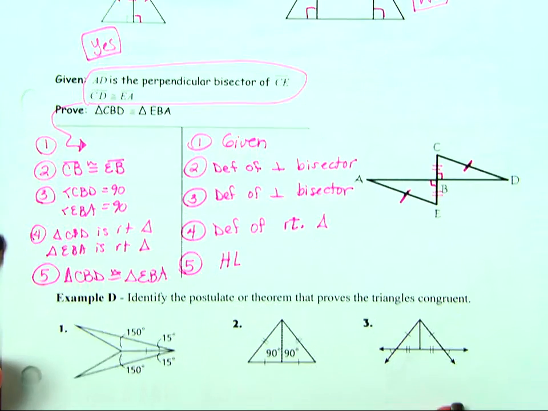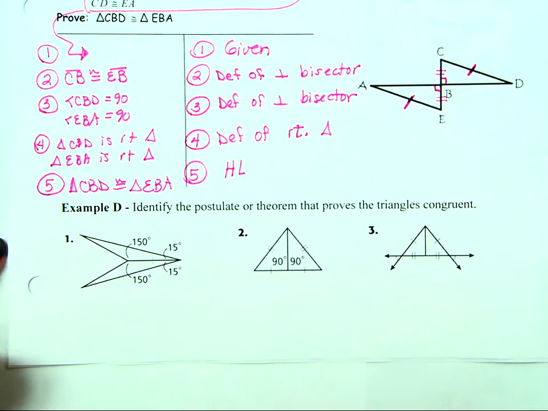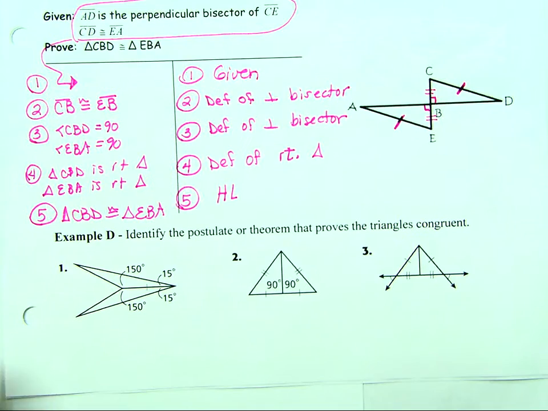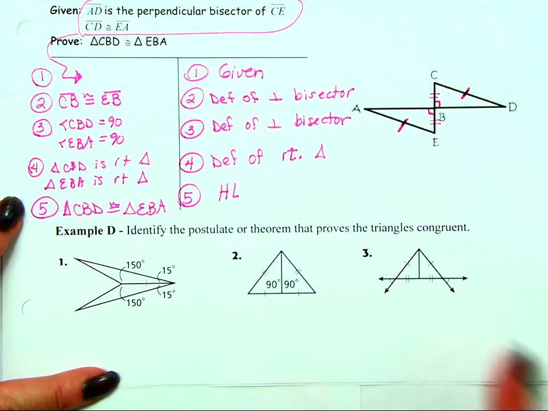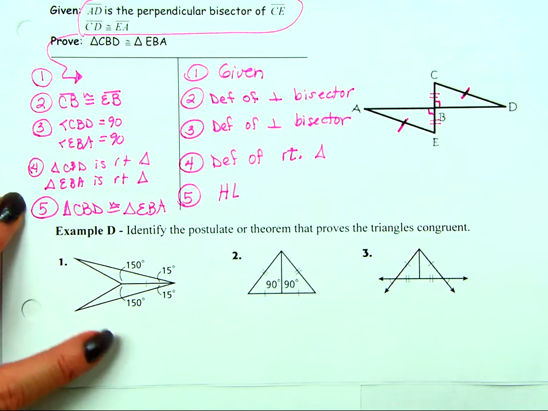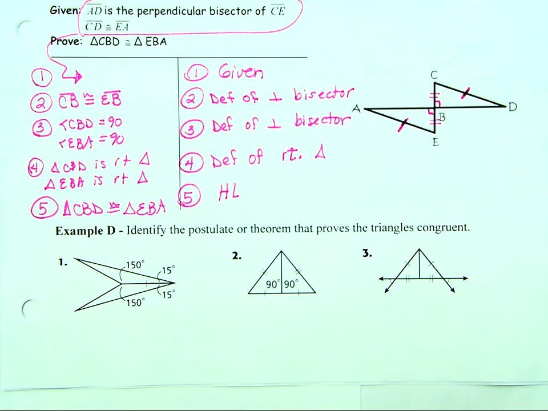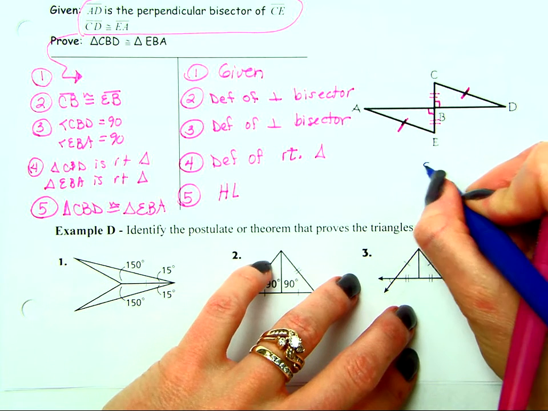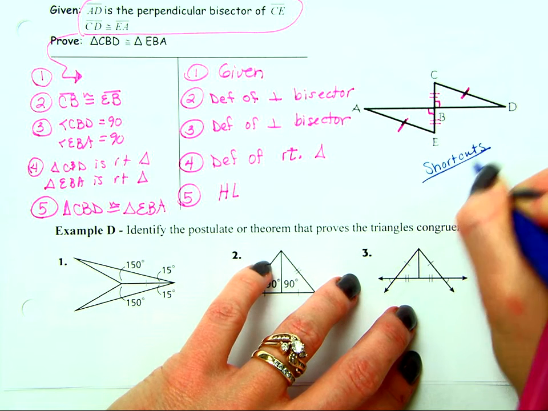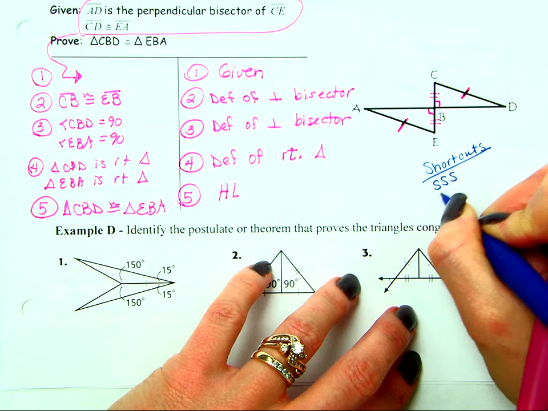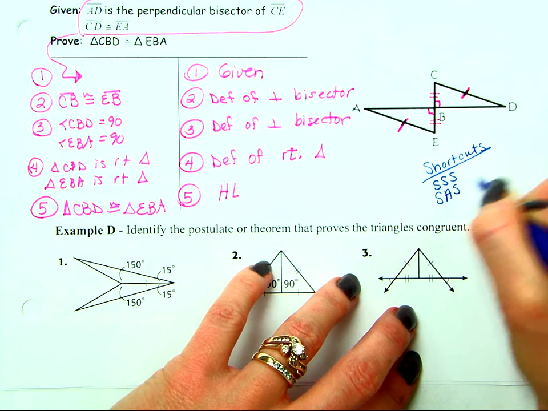Finally, in example D, we want to take a look at proving our triangles congruent. Identify the postulate or theorem that would prove them, or identify the shortcut. So in summary, I want to let you know that when we talked about our shortcuts for proving triangles congruent, we talked about using SSS, SAS.